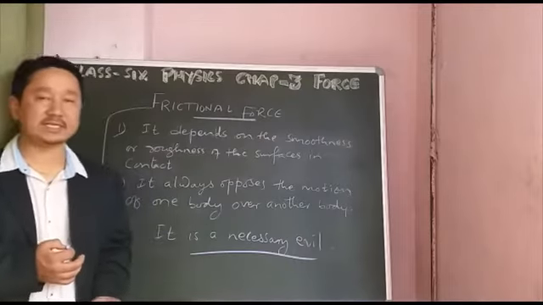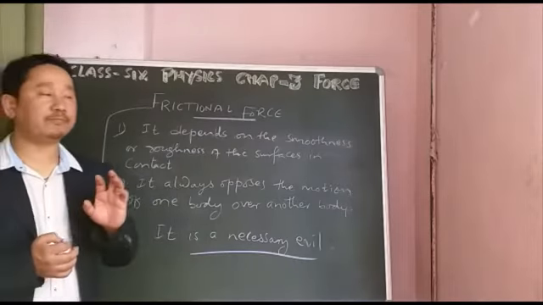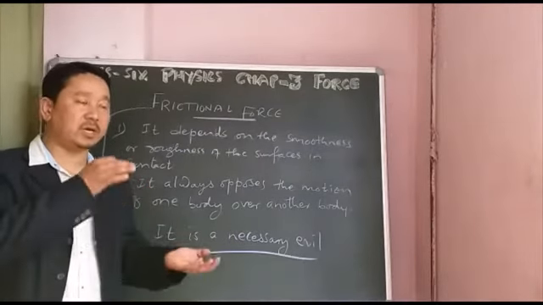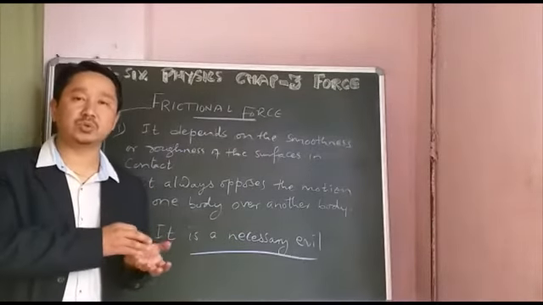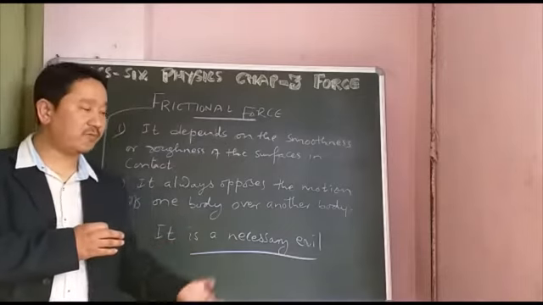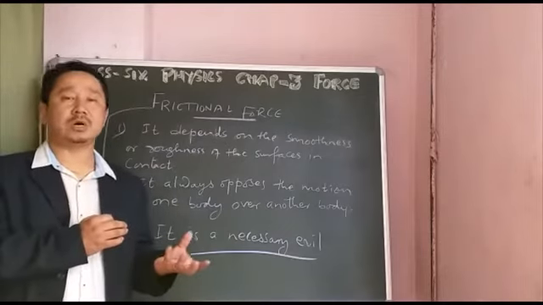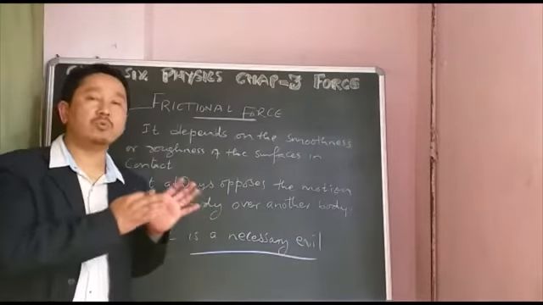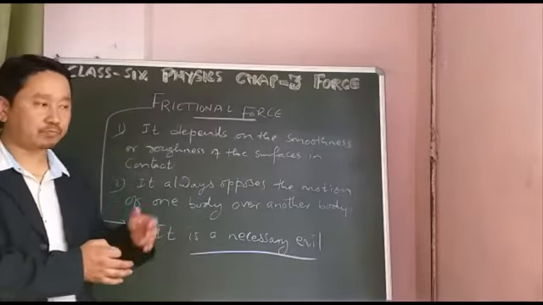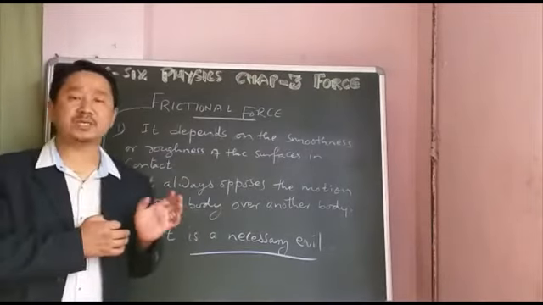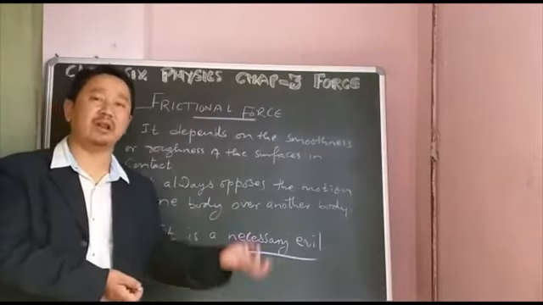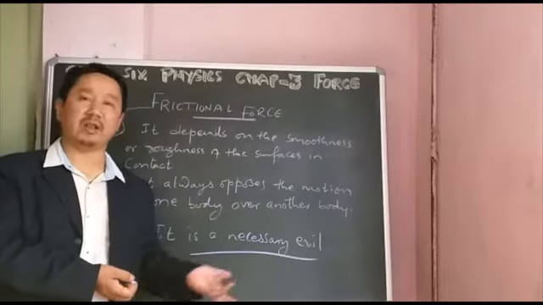For example, let us say the frictional force formed between the sole of your shoes and the surface of the ground on which you walk. If there is no frictional force between these two surfaces, then anytime you may slip and fall off.